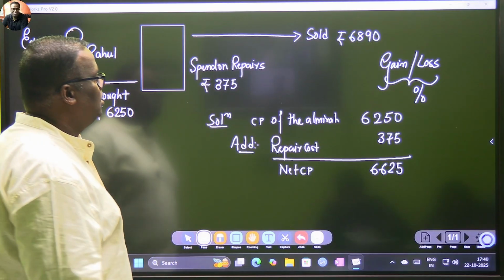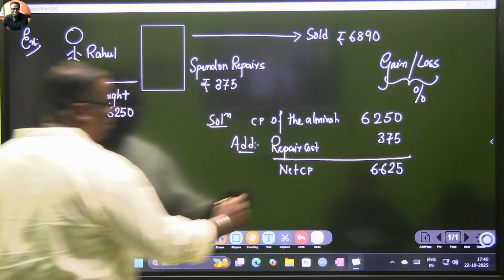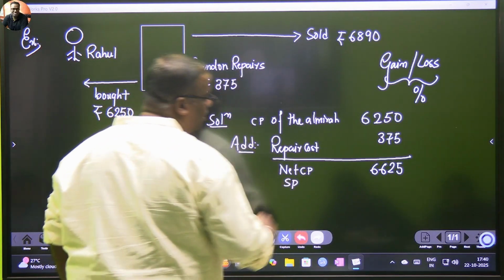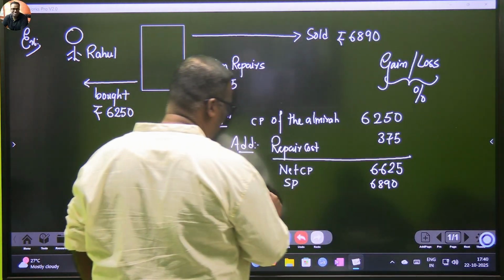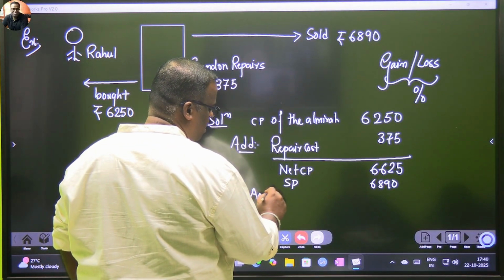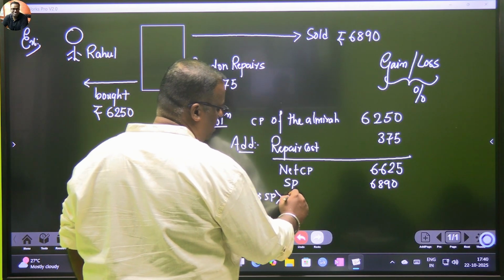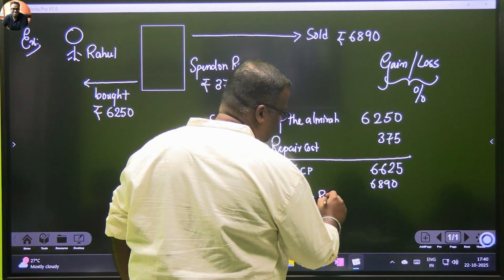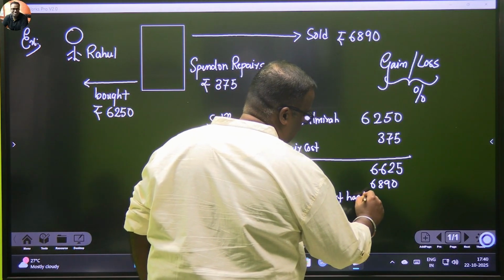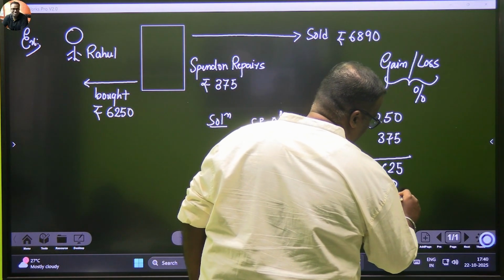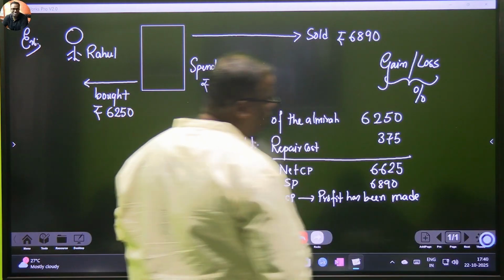Okay. Now, what is the selling price? 6890. So we write SP is greater than CP, profit has been made. And what we have to calculate now?